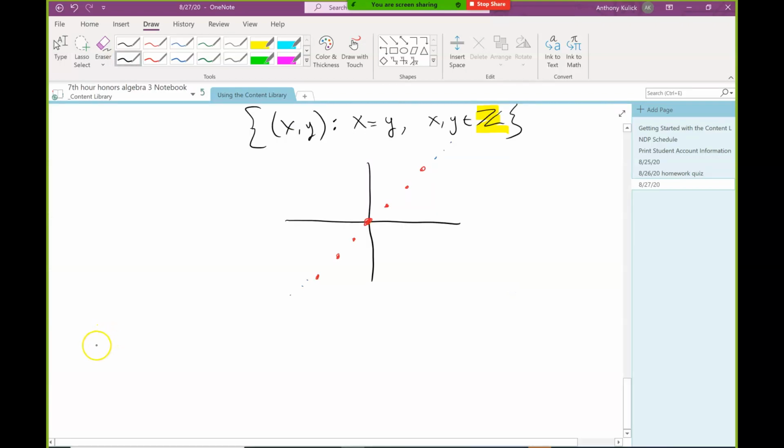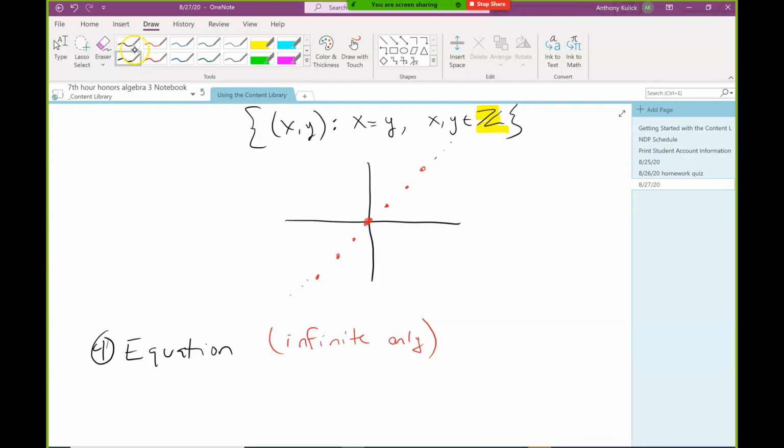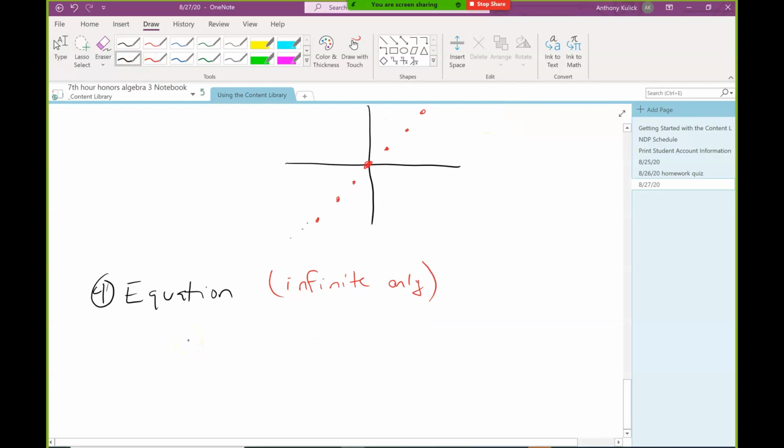All right. The last representation is as an equation. And for practical purposes, this is really infinite only. So for example, something like y equals 2x plus 5 is an equation that represents a set of ordered pairs, right?